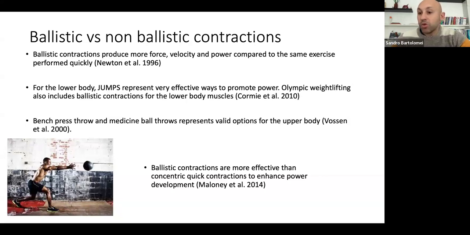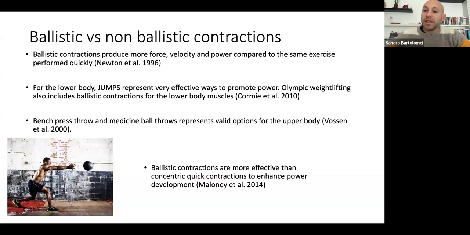So the best way is to jump and land on a lower box, for example 30, 40 centimeters, or 50 if you jump a lot, if you are powerful, but without bending knees and hips. That stimulates power much more compared to the typical CrossFit jumps.